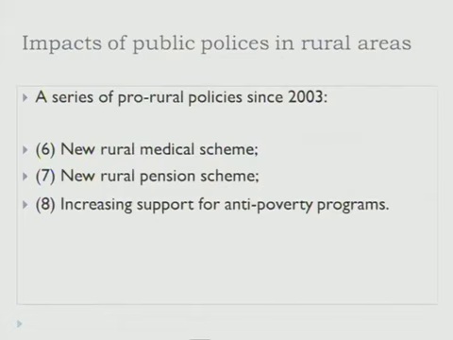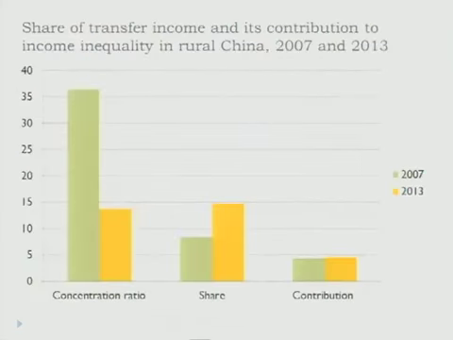Also, there is increasing support for anti-poverty programs. In recent years, the central government has put a lot of resources into targeting poor rural people in poor areas. Using the data from our survey, we tried to calculate the transfer income of rural households and see its contribution to income inequality in rural areas.